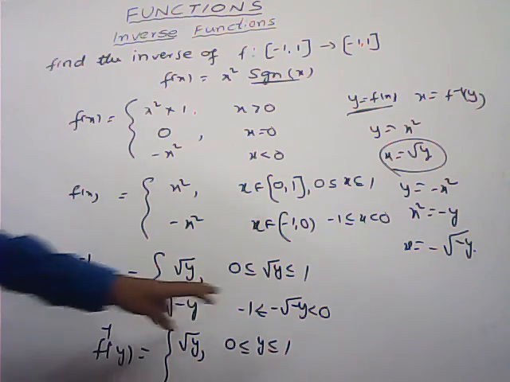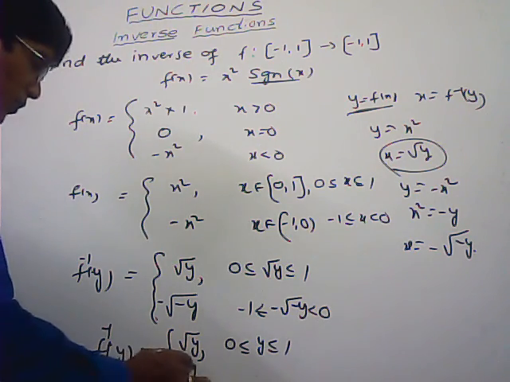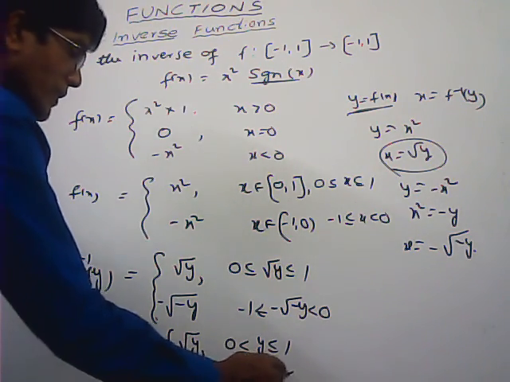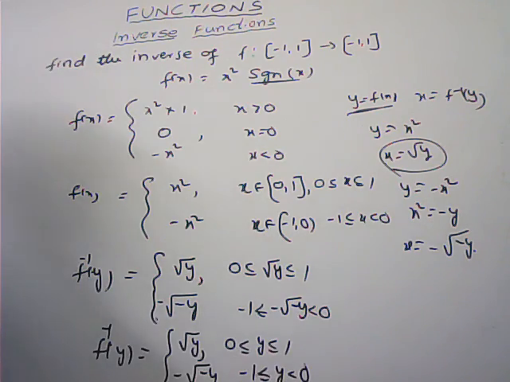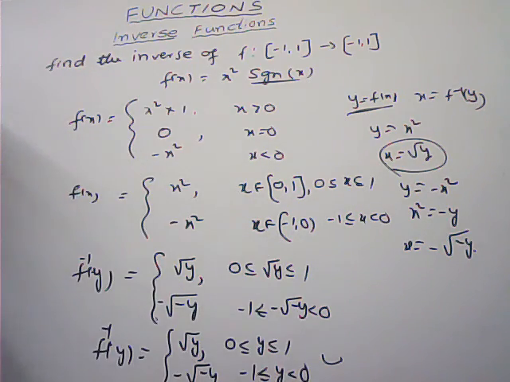By simplifying that one, for minus root of minus y, we can get minus 1 less than or equal to y less than or equal to 0. Here actually 0 is included in both the intervals also. So here you can simplify both. Then we can get this one.